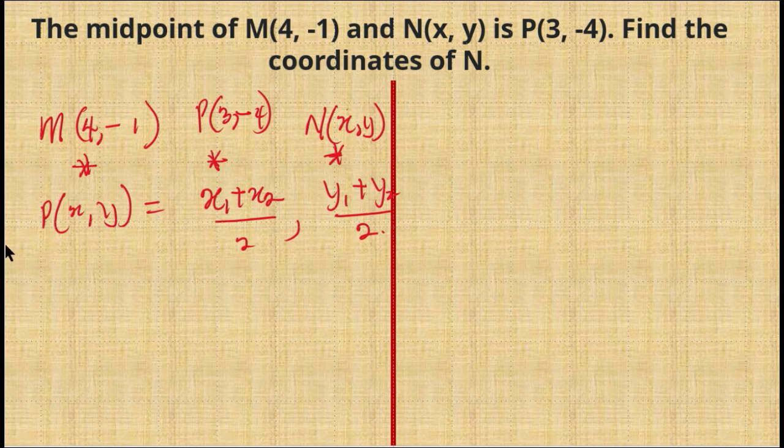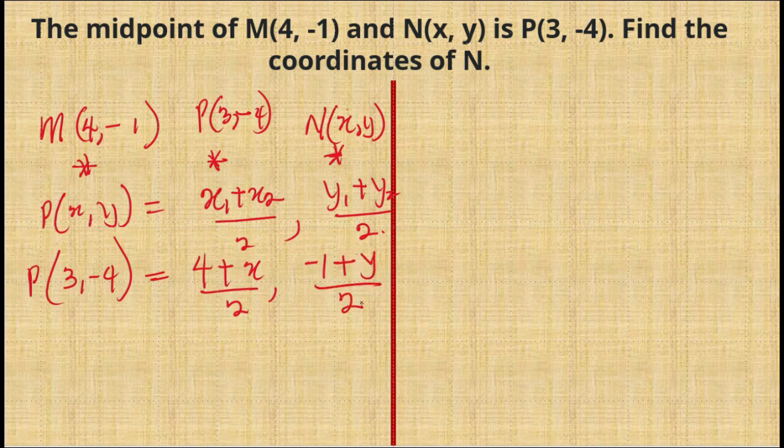So I can write P, which is (3, -4), as (4 plus x) over 2 and (-1 plus y) over 2.